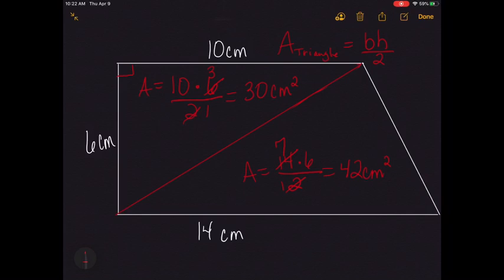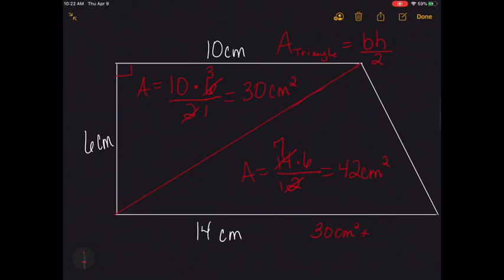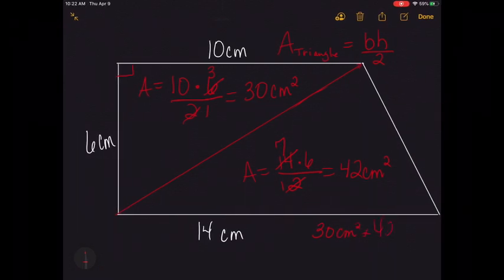All right, so now we have the individual triangles and we have to add them together. 30 plus 42 equals 72 square centimeters.